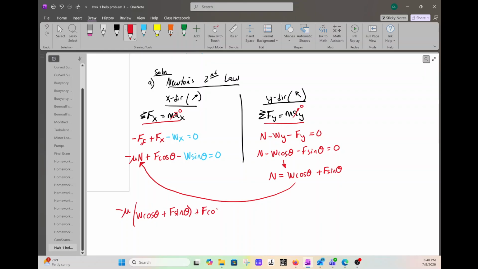Plus F cosine theta minus W sine theta equals 0. And what you can do is factor out the F and solve for F. Because you have mu, you have W, you have the angle. You can pretty much find F now by using algebra.